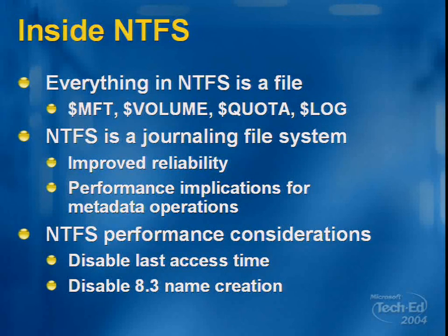Some of those files contain absolutely critical data. The $MFT is probably the most important thing that NTFS keeps around, because without the $MFT file, you don't know where all of the other files are on disk. Similarly, with the $volume file, if you lose information in there or if it gets corrupt, you may think that a block on disk is free when actually a file is using it.